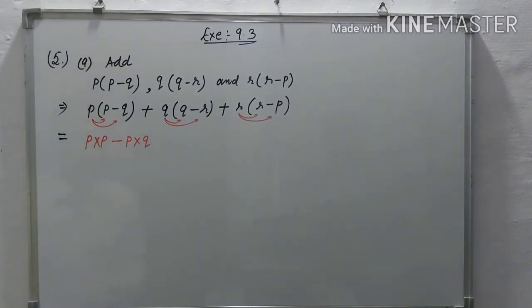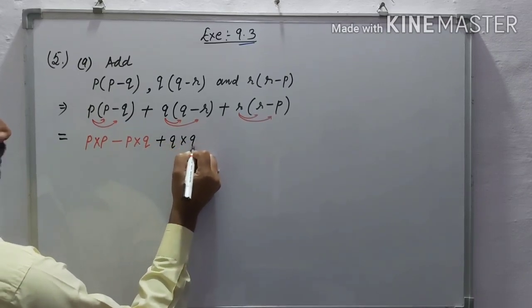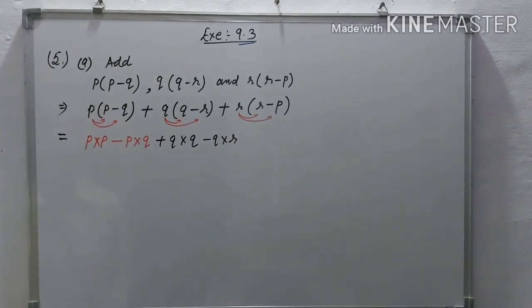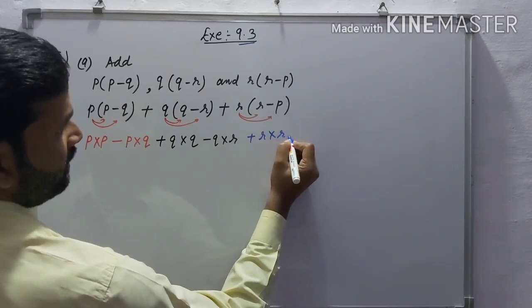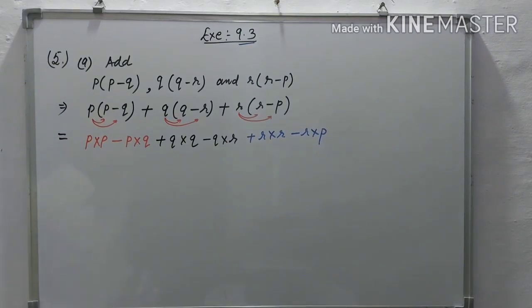Okay, second is plus q multiply q minus q multiply r. Okay, and third is plus r multiply r minus r multiply p. Okay, solve the brackets, then we solve.